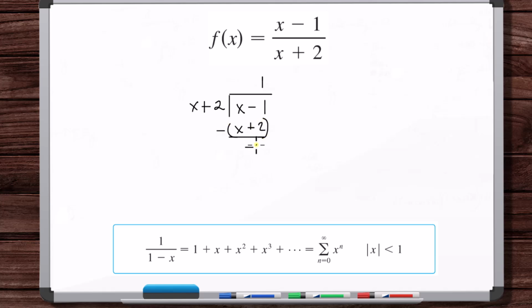Minus 1 minus 2 is minus 3. So this is going to be 1 minus, is that right? If you write this as x plus 2 over x plus 2, you get x plus 2 minus 3, which is x minus 1 over x plus 2.